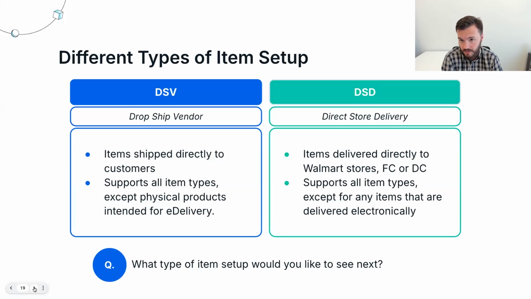By and large, for most suppliers, the biggest chunk of your items will be through this process. This supports all item types except for any items that are delivered electronically as well.